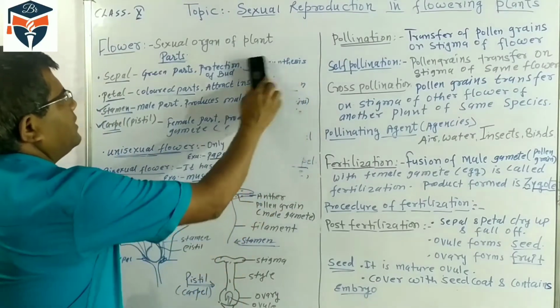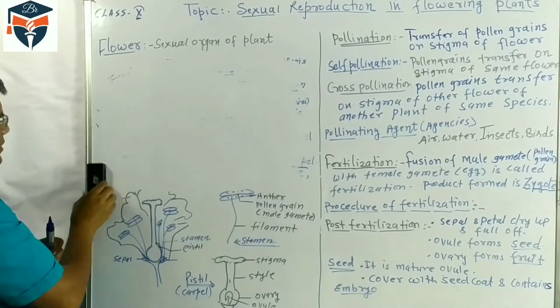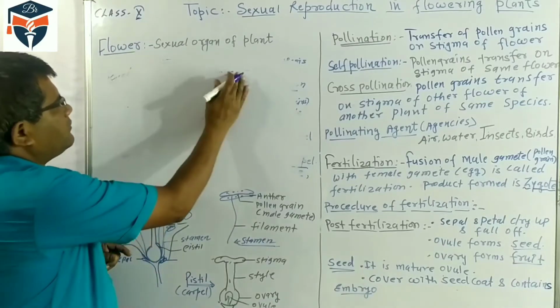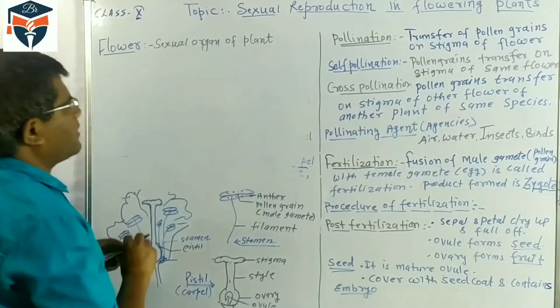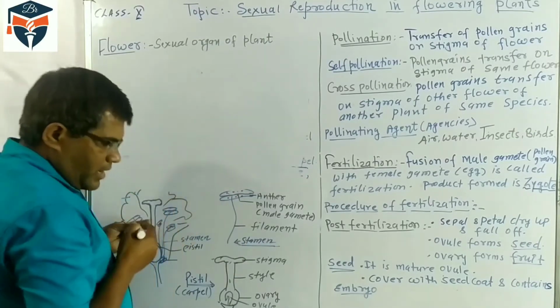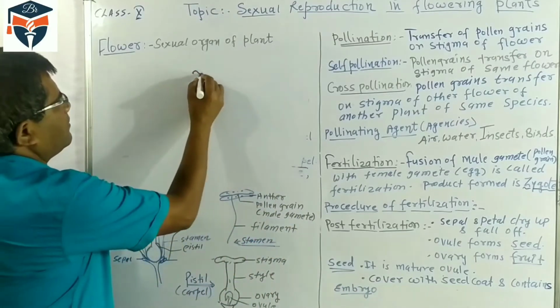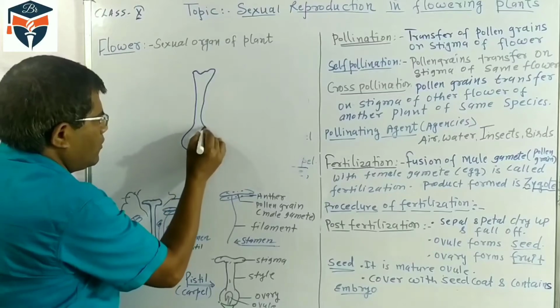So if you see the structure of a flower, this structure of the flower is depicted. Here is this part of the flower, it is called the carpel or pistil. This part of the flower has the stigma, style and ovary.